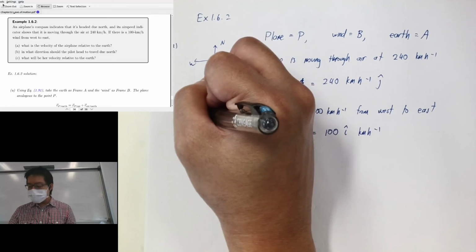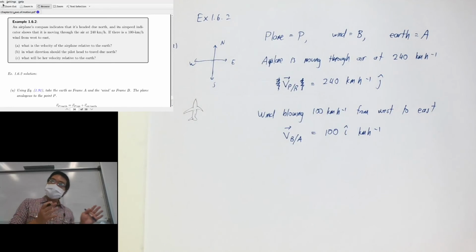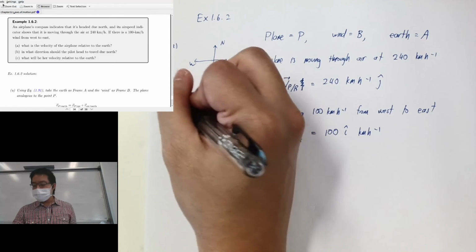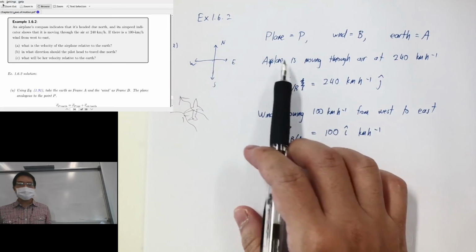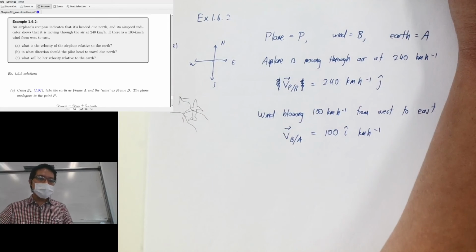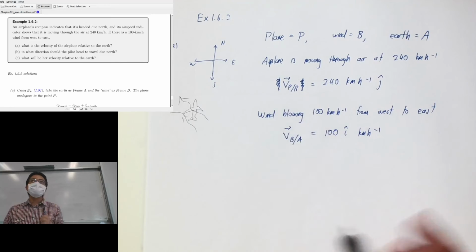Usually for this type of question, the airplane can control its direction and speed relative to the wind, but the wind can blow it away in a different direction. So the compass and the airspeed will tell you the velocity of the plane relative to the wind.